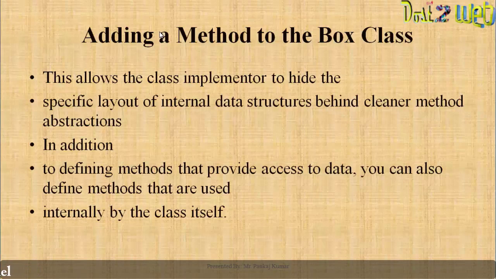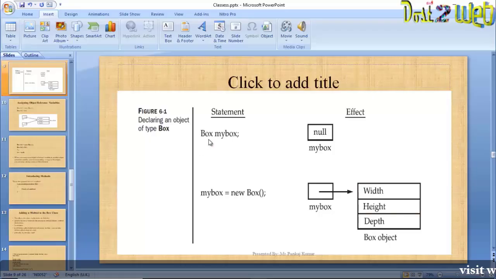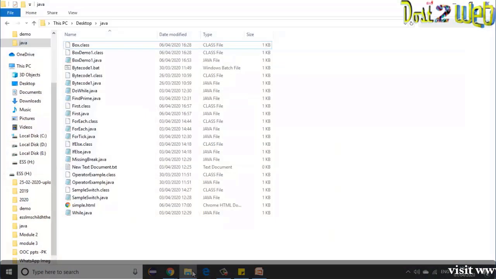Defining methods will provide you access to the data, and also you can define methods that are used internally by the class itself. Let's see this with an example, then you will understand more. So what we have done yesterday, let's open the same program.